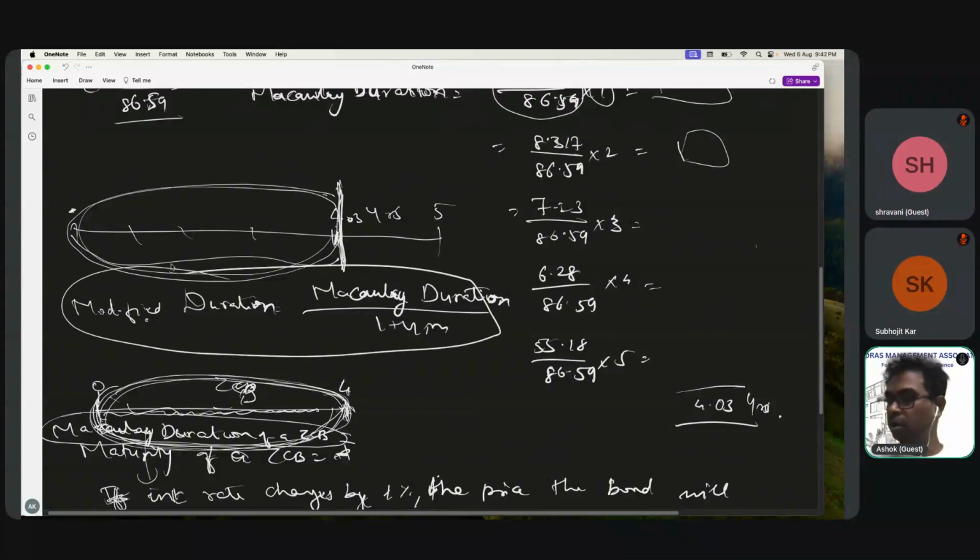It is converting these years into the sensitivity. That is 4%. It is sensitive, and the present value of that 4% is 3.5 something. Just calculate this: 4.03 divided by 1 plus 15%.